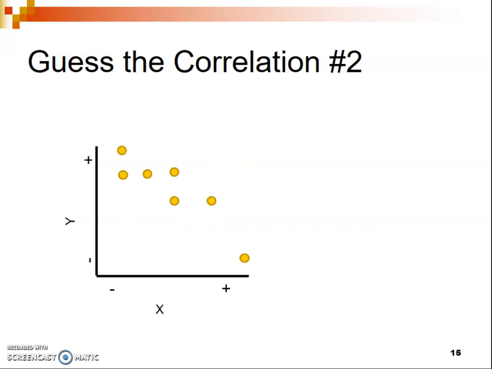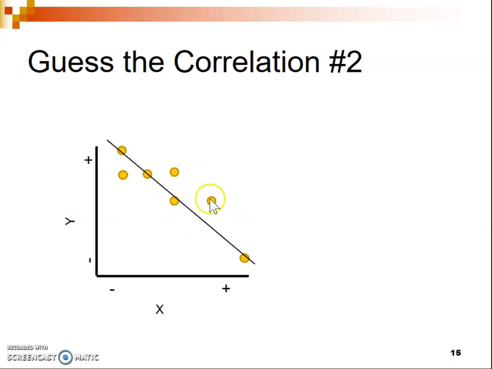So let's go through another example. Here we have some data points. You should be able to tell just looking at these data points that this is going to be a negative correlation. Those data points generally fit this trend where we see a downward slope. Many of our data points are fitting on this line, but several are deviating from it.